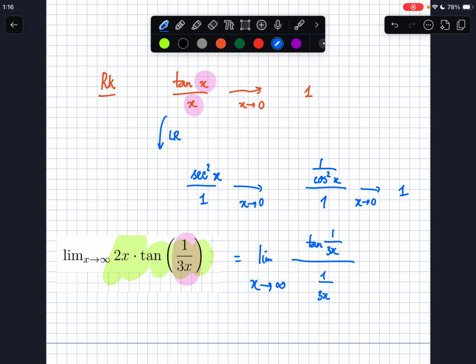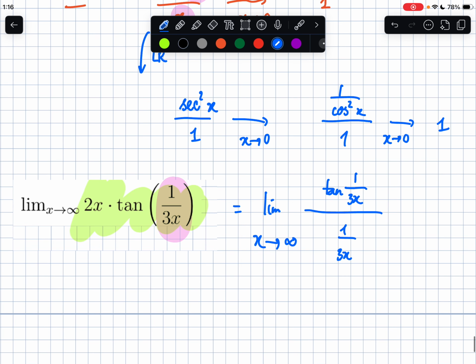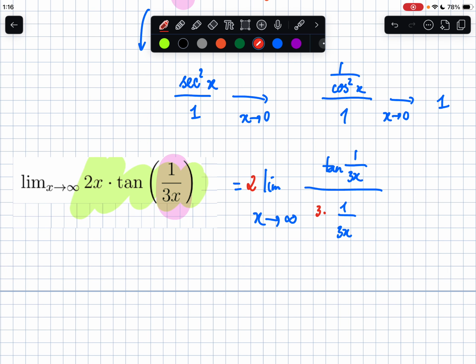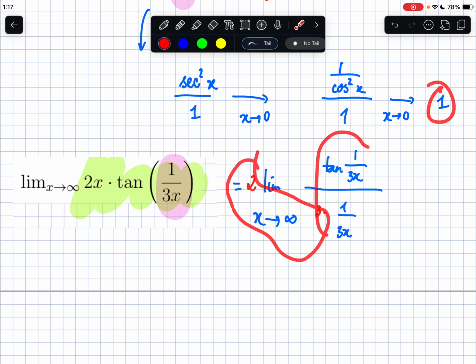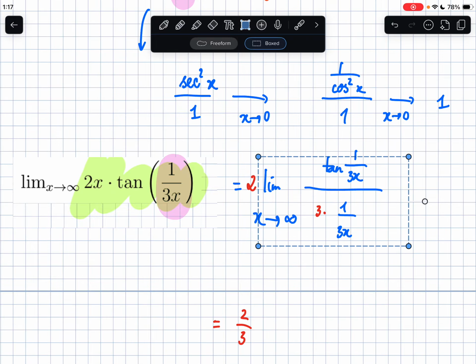But now you need 2x, you don't have 3x, and then you need to bring 2 there. Because 2 we still have there, I keep 2 here. Because we divide by 3, I need to multiply by 3 back. So that's why this is 2 over 3 multiplied by the limit, which is 1. That's why 2 over 3 is the limit here.